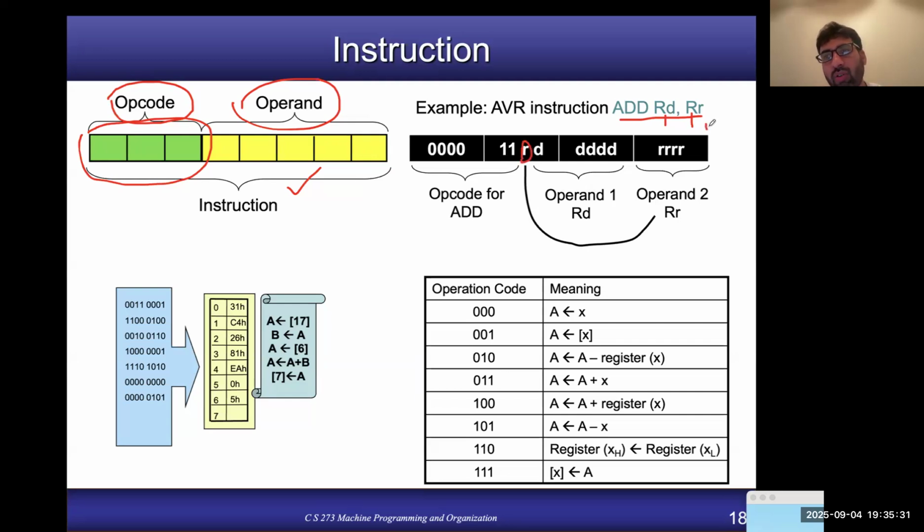Let's read from B0. B9 and B0 to B3 are used together to specify the source register, RR. And the bits from B4 to B8 are used to specify the destination register.